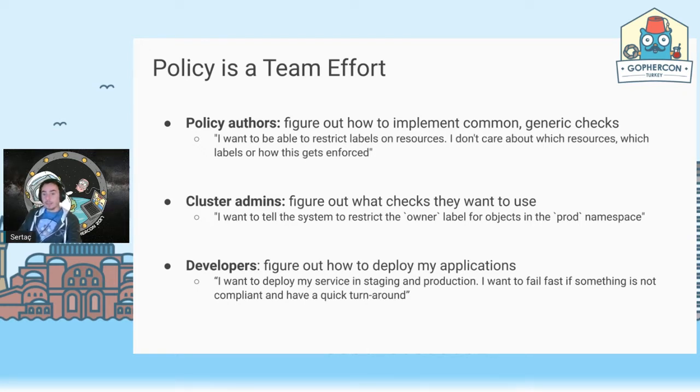Last but not least, developers would like to figure out how to deploy their applications. In this case, they want to deploy their service in staging and production, and they want to fail fast if something is not compliant and have a quick turnaround with actionable feedback in messages.